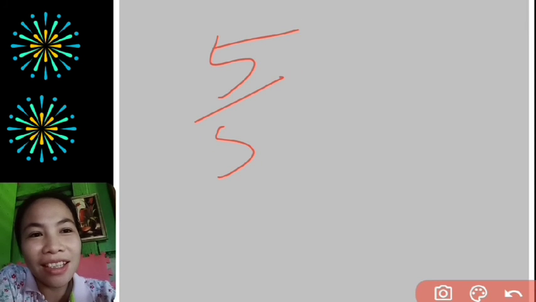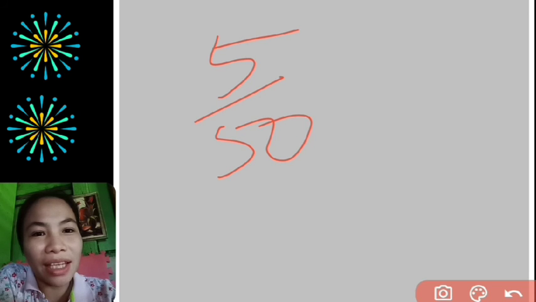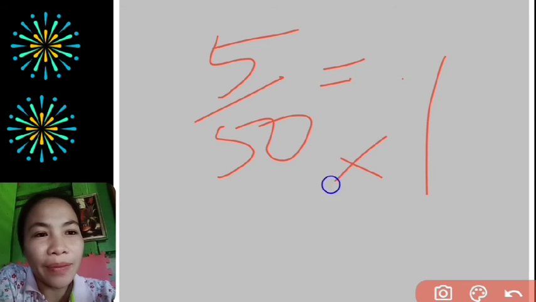So 5 of 50, in the easy way. I like the easy way. So 5 divided by 50. How much is 5 divided by 50? It is 0.1. So 0.1 times how much?